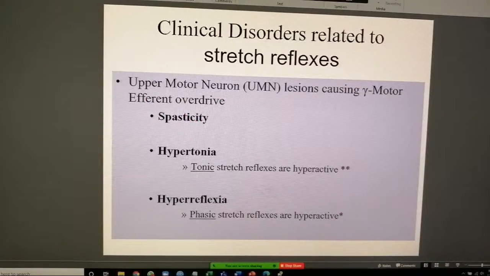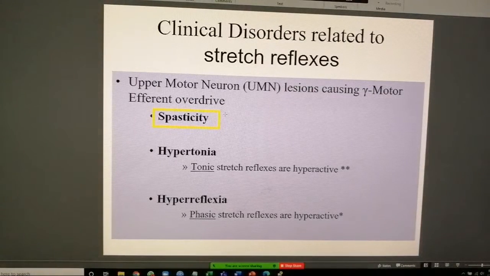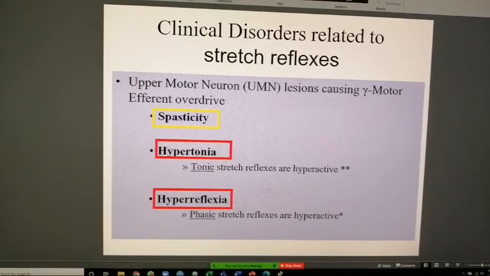In upper motor neuron lesions, you get spasticity, you get hyperreflexia. So the reflexes become hyper, literally.